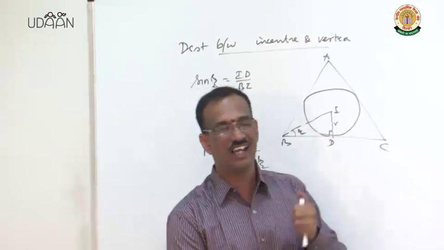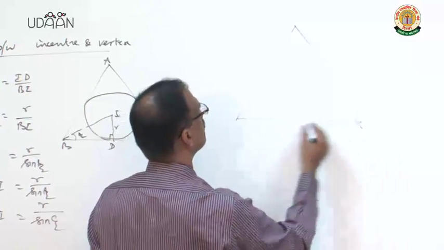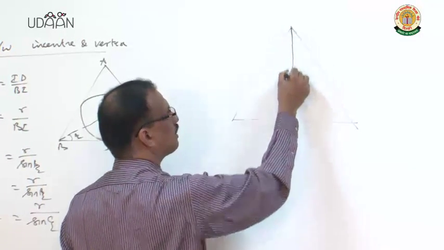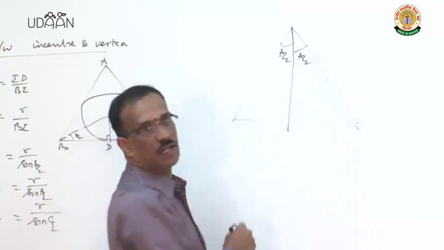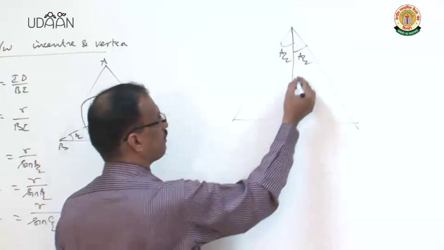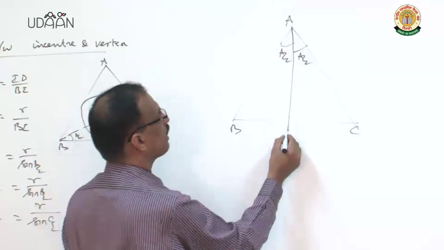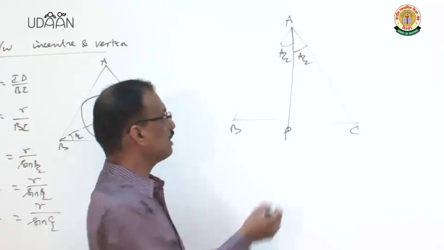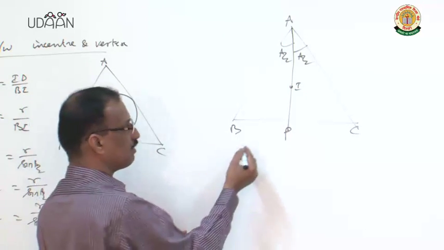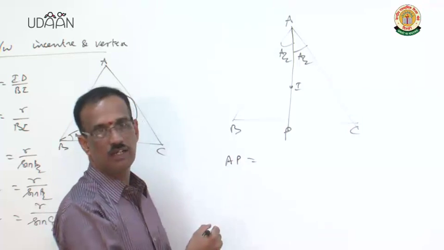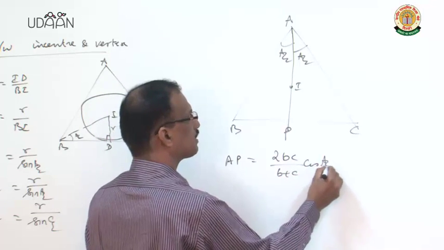The next one: what is the length of the angle bisector? How do we find the angle bisector? We know that this is the angle bisector, that means A by 2, A by 2. Now, if you take AP as the angle bisector and your incenter lies on this, then AP equals 2bc by (b plus c) cos A by 2.